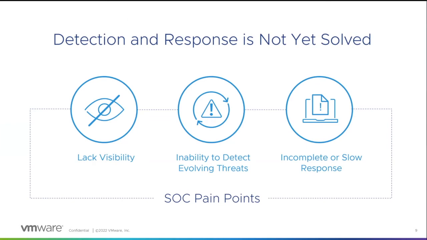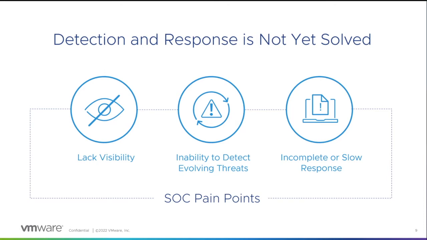Now, detection and response is not yet solved. Significant gaps remain. I've mentioned visibility already, as well as the inability of a lot of existing solutions to detect evolving threats. But a crucial point is incomplete information, incomplete context, which in turn inhibits SOC operators.